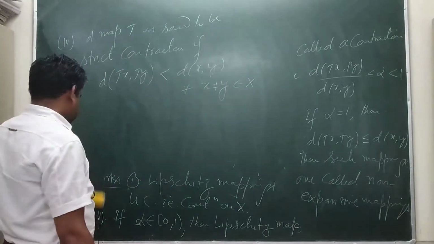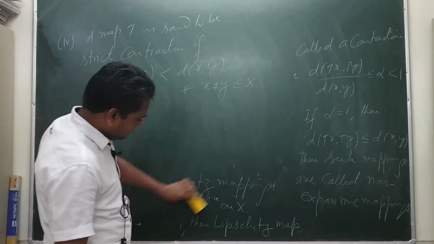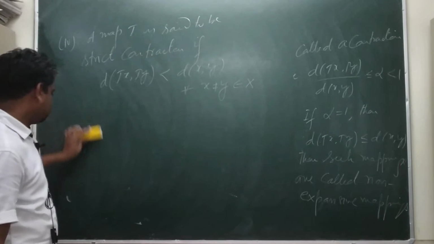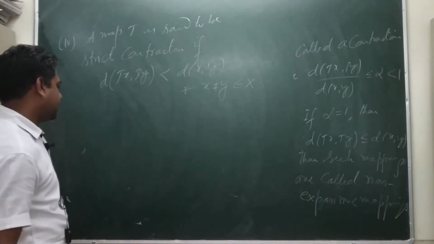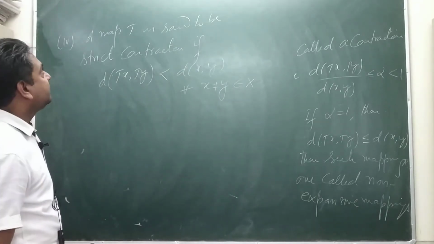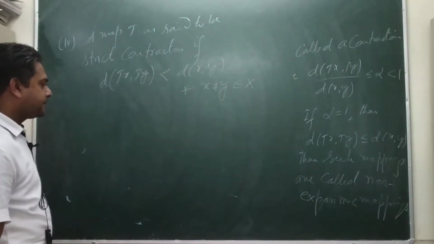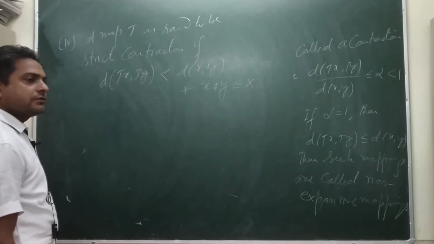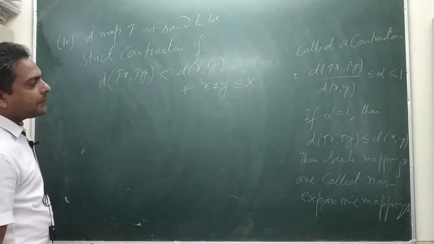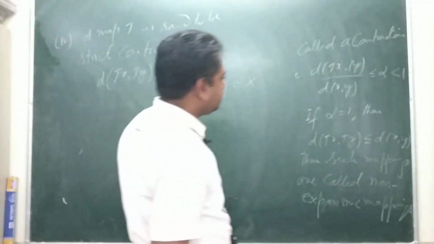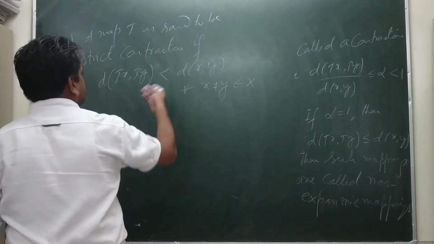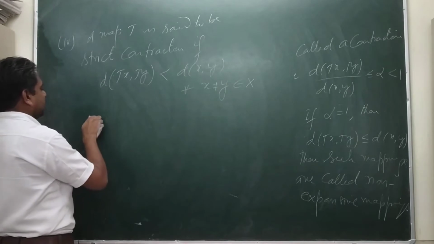Okay, so let us see examples. Here is another simple comparison between these maps. A contraction always implies the non-expansive map, and a contraction also always implies strict contraction. So this is one remark.